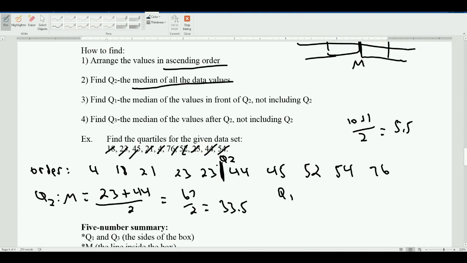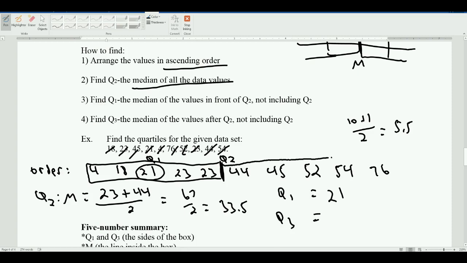Now Q1 is the median of those numbers. Since there's only 5, and this one's fairly easy to see, that is your Q1. It's the one in the middle of the first 5 data values. And then Q3 is the median of the numbers after Q2.